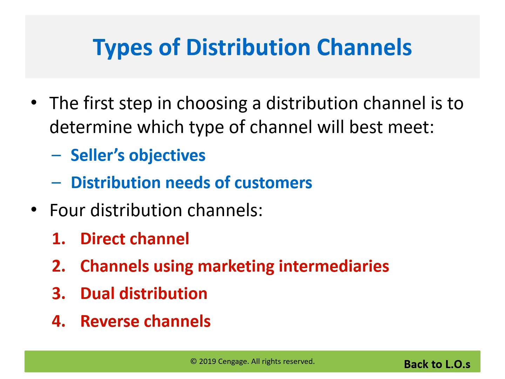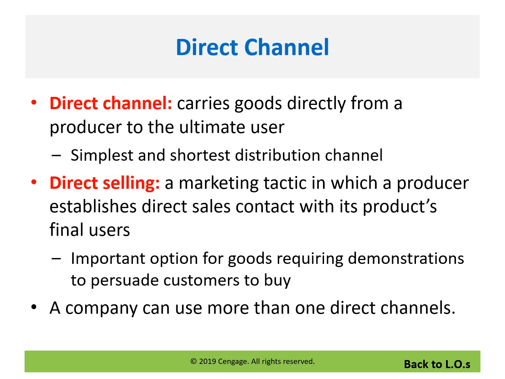There are 4 distribution channels to choose from: direct channel, channels using marketing intermediaries, dual distribution, and reverse channels. The simplest and shortest distribution channel is a direct channel. A direct channel carries goods directly from a producer to the ultimate user.